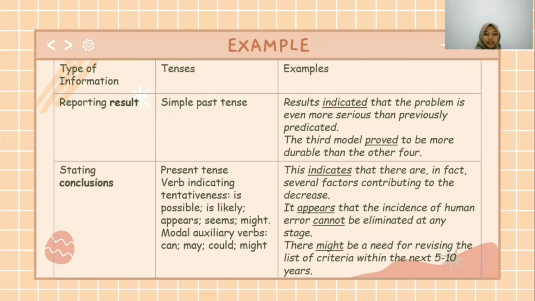In the bottom line, the verb is indicates. It appears that the incidence of human error cannot be eliminated at any stage. In the bottom line, the verbs are appears and cannot be. There might be a need for revising the list of criteria within the next 5 to 10 years.